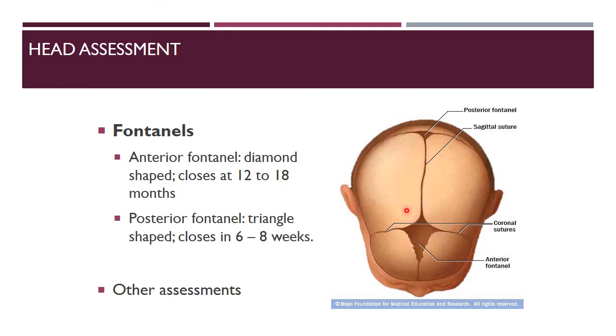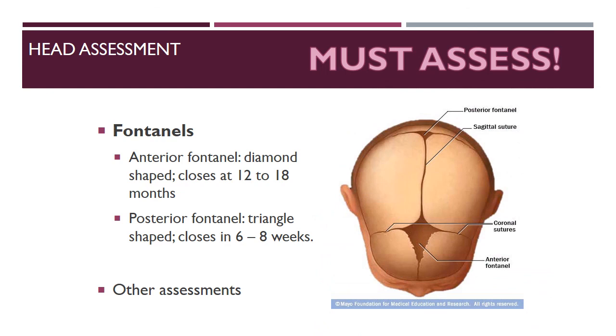The anterior fontanelle is more of a diamond shape, and it closes at 12 to 18 months. It can last to 24 months, but for testing purposes, I'm going to say 12 to 18 months is when it needs to be closed by. Your posterior fontanelle is more of a triangular shape, and it closes in 6 to 8 weeks.